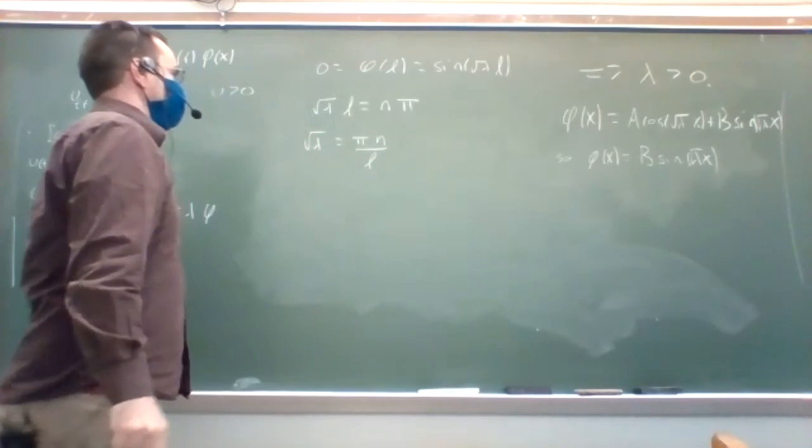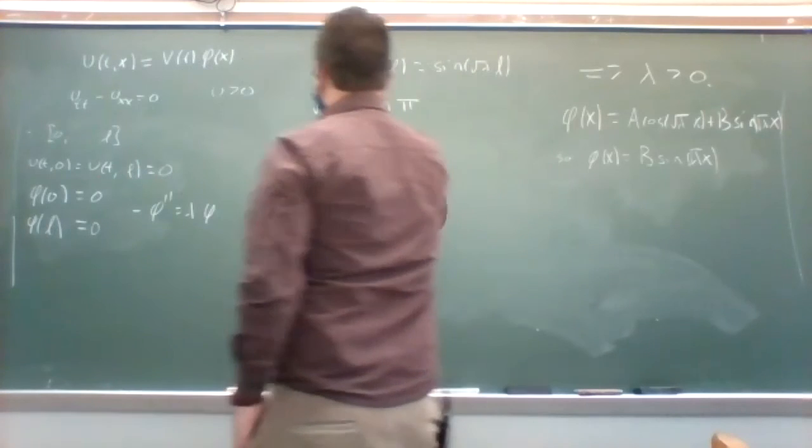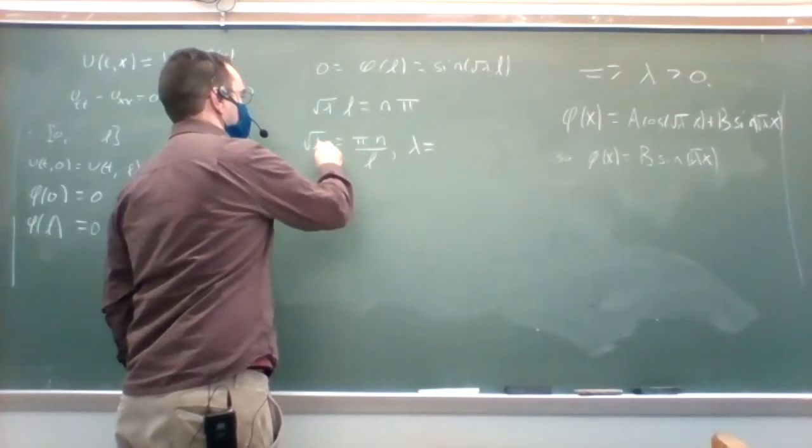So as promised, it's a positive number, and actually it can depend on n. So let us now start calling it lambda n.